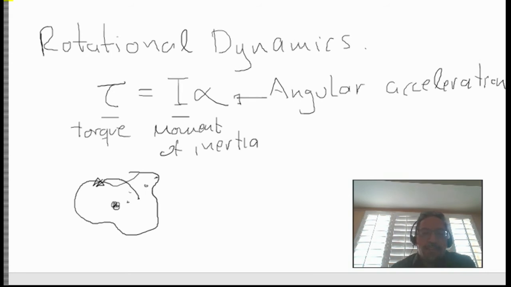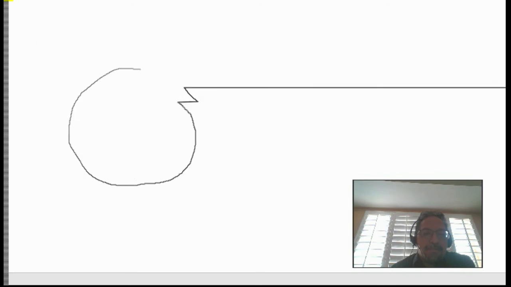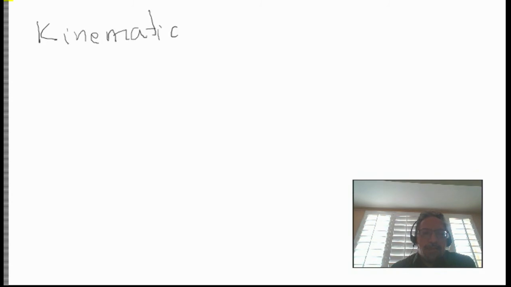So let's describe first the kinematics. To do the kinematics, we remember the following relationships. One more time the circle.